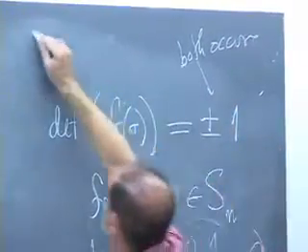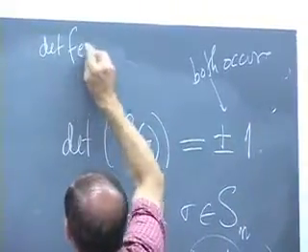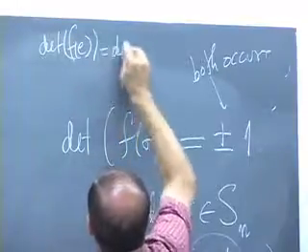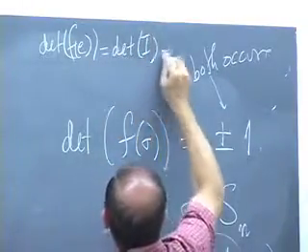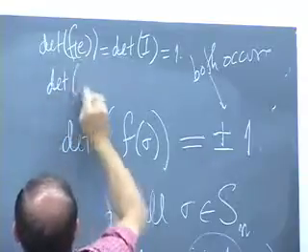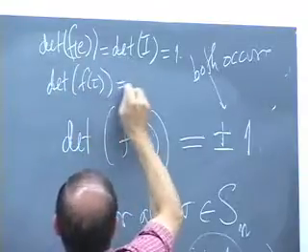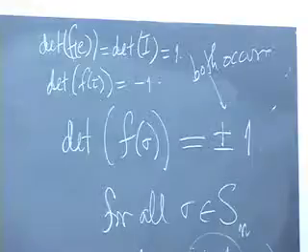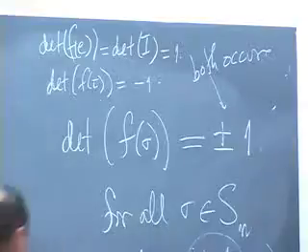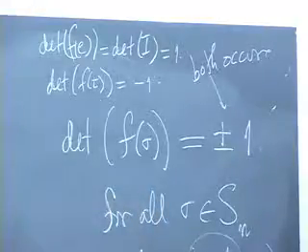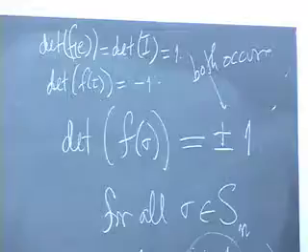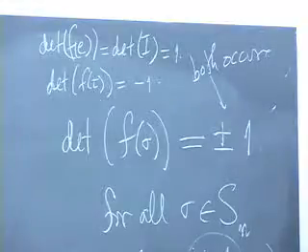Because, for example, the determinant of f of E is the determinant of the identity matrix, which is 1, but the determinant we've just seen of f of tau is equal to minus 1. So permutation matrices have both determinants, plus 1 and minus 1, which gives us another homomorphism. Namely, if we take this homomorphism and we compose it with this homomorphism, and we're allowed to do that, right? The composition of two homomorphisms is a third.